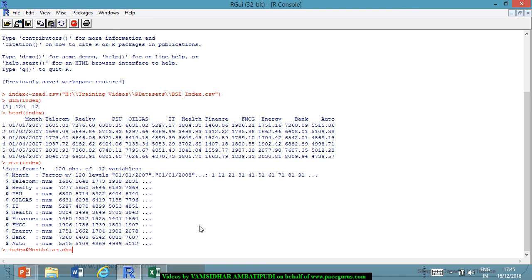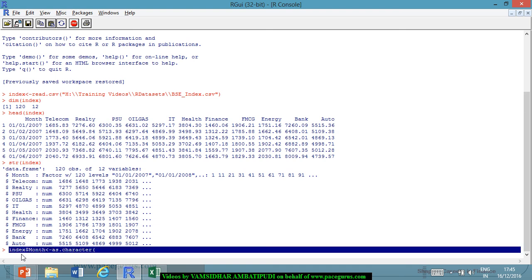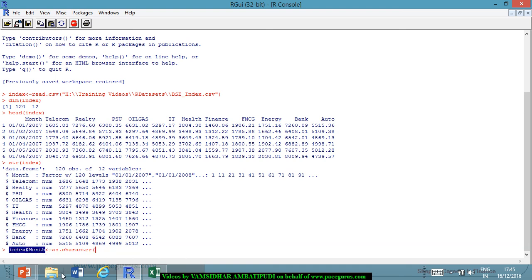So I'll say as.character of index dollar month. Right now it got converted into character, but I want to convert it into a date, so I'll write as.date on top of it, but I have to give the format. We know how to convert it.